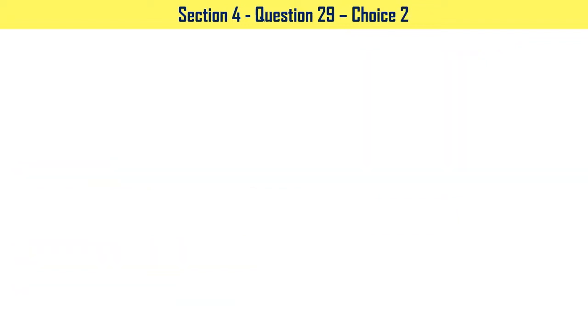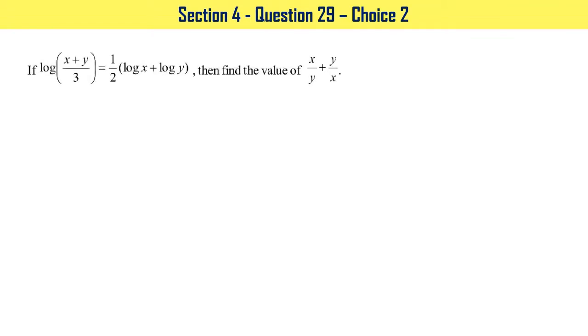Now let's go to the next question, that is choice 2 of question number 29. If log of (x plus y) divided by 3 equal to half log x plus log y, then find the value of x by y plus y by x. Let's start with the RHS of the given equation, that is half log x plus log y, right?